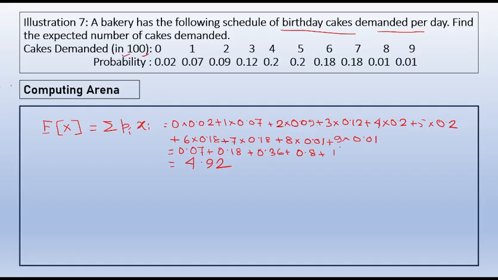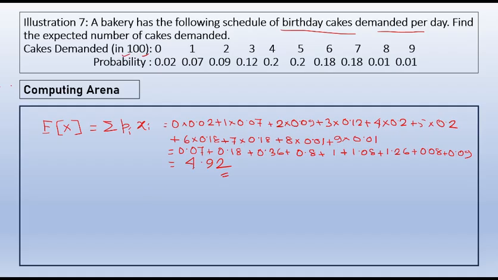The next part is 1.08. 6 into 0.18 plus 7 into 0.18, you will get it as 1.26. Next part is 0.08 and the last part is 0.09. So ultimately, if you take the total of this, it comes out to be 4.92. So this is the value of your answer.